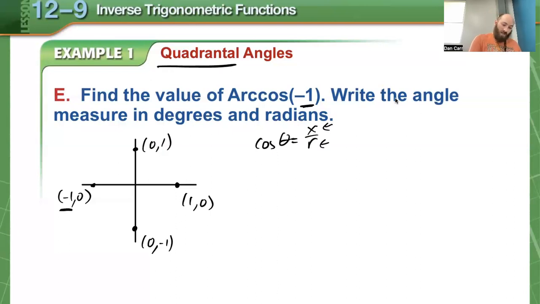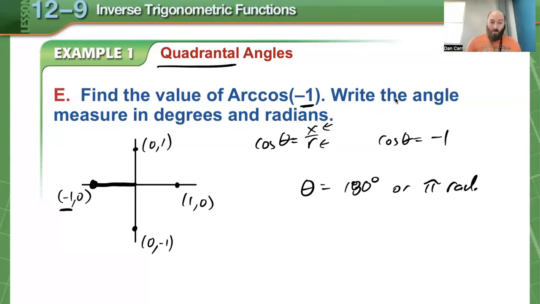For me to get a cosine, when does cosine of theta equal -1? It's going to be at this position right there. Okay, so that's the thing to remember about -1s, zeros, and all of that. So cosine of theta equals -1 at this position. So that means my theta is 180 degrees or pi radians.